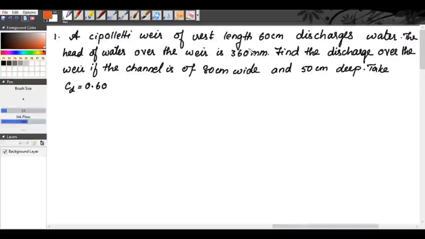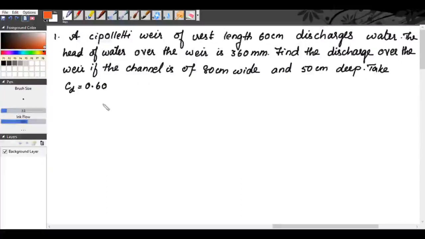of crest length 60 centimeter discharges water. The head of water over the weir is 360 mm. Find the discharge over the weir if the channel is 80 centimeter wide and 50 centimeter deep. Take coefficient of discharge as 0.60. So it is given as a Cipolletti weir.